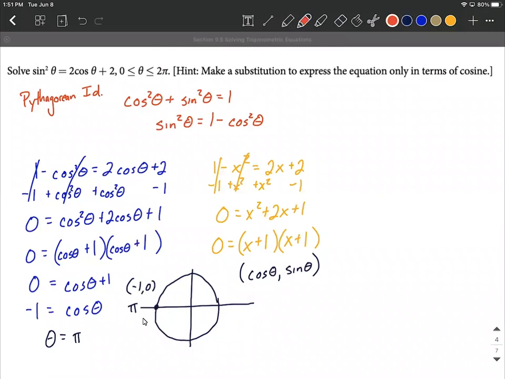Now, I will go ahead and say that if you were not limited between 0 and 2 pi, if you were asked to give all solutions, how you would represent that, it would be pi, the same value we just found for our angle. But on the end, you would add 2 pi, that's the period for cosine, multiplied by k, where k represents some integer.